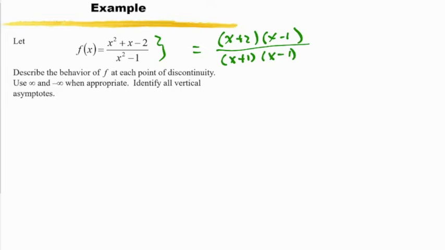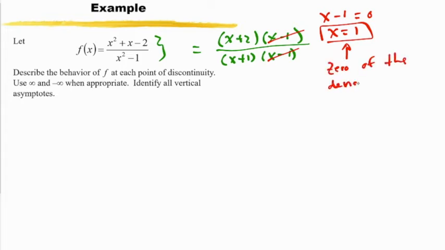So we see that this is going to cancel. X minus 1 equal to 0 gives us x equal to 1. This is a zero of the denominator, but it creates a hole.